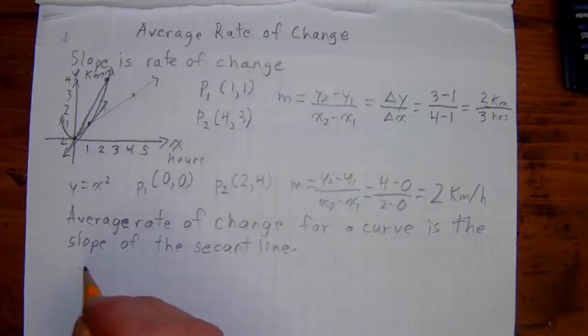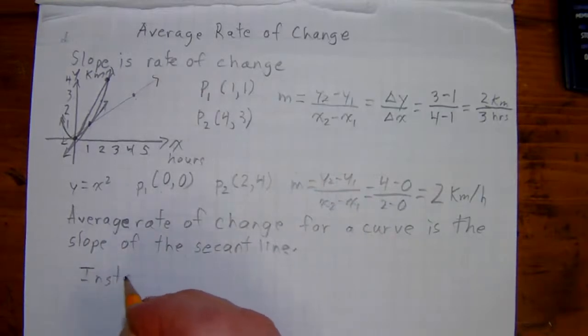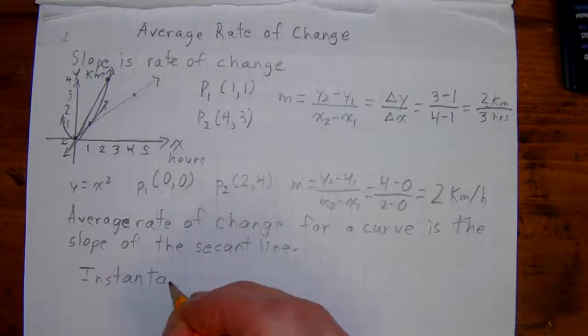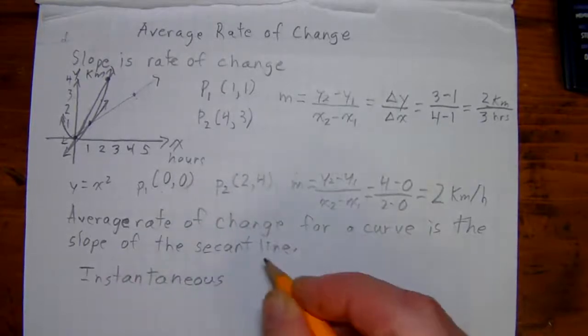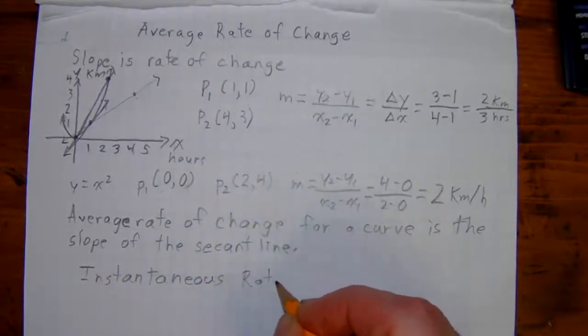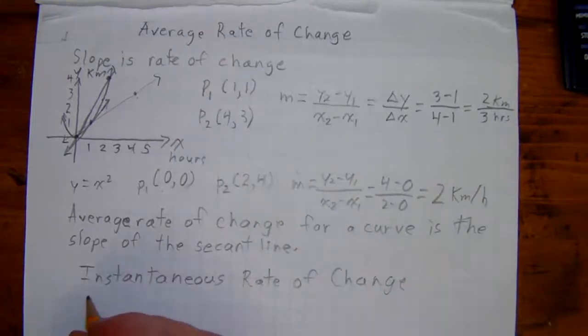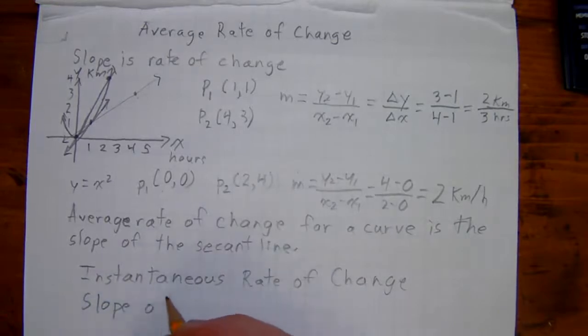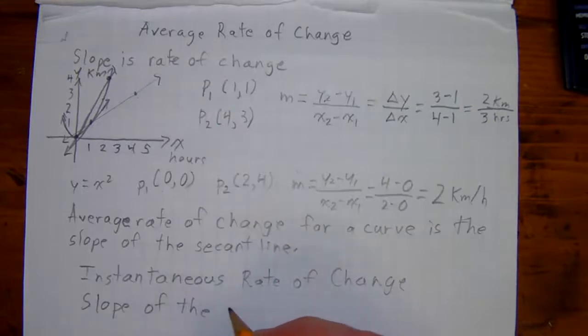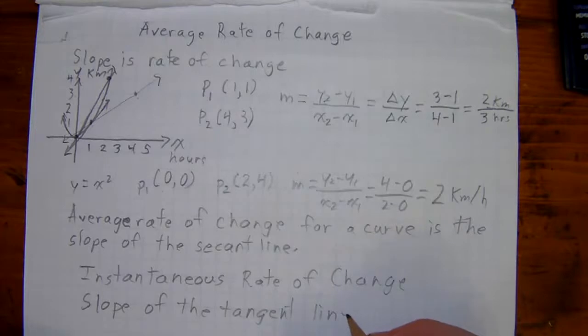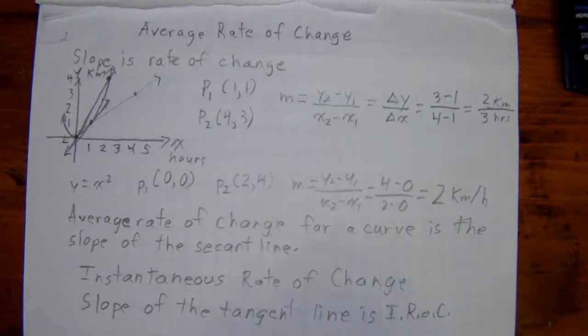Okay, so let's talk instantaneous rate of change. We'll add this to our notes. Instantaneous rate of change: we know we want the slope of the tangent line, and that is the instantaneous rate of change.